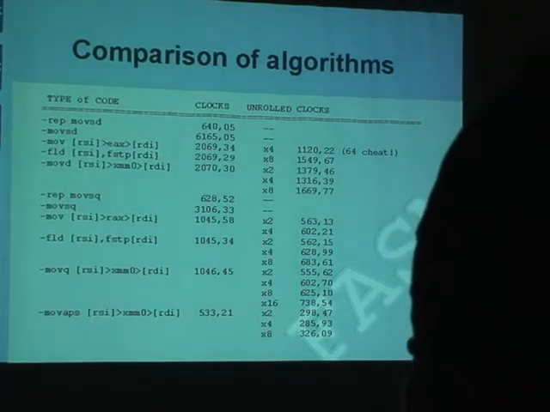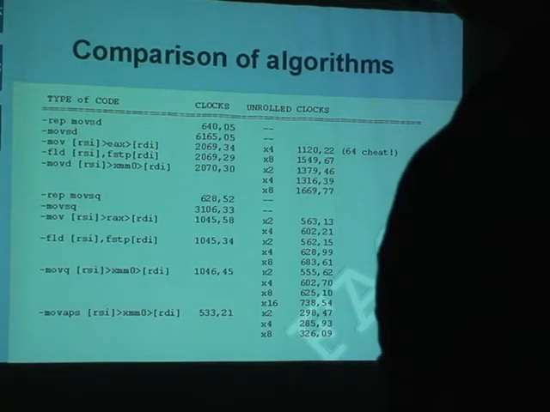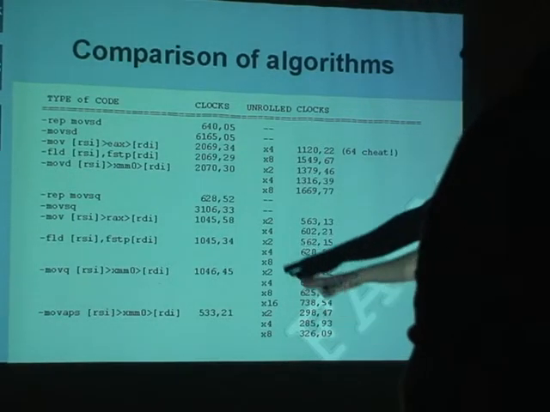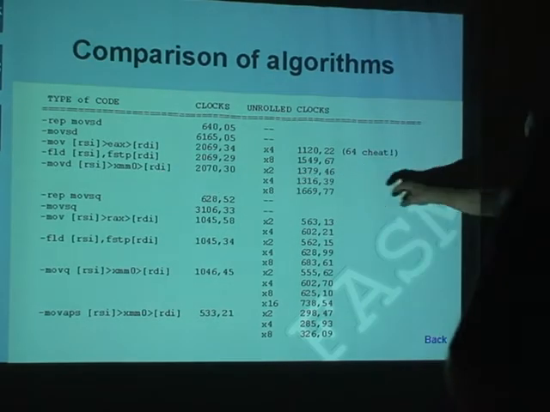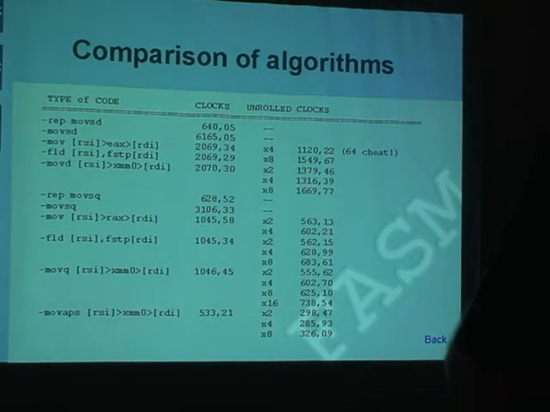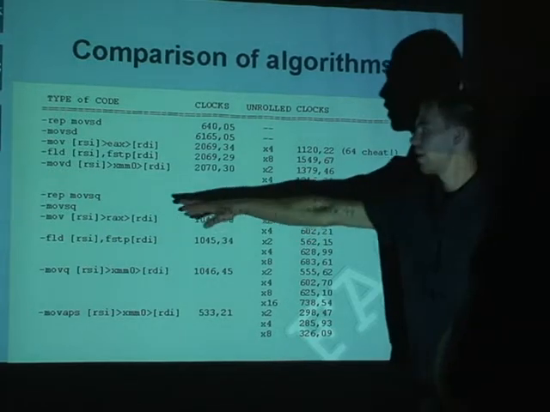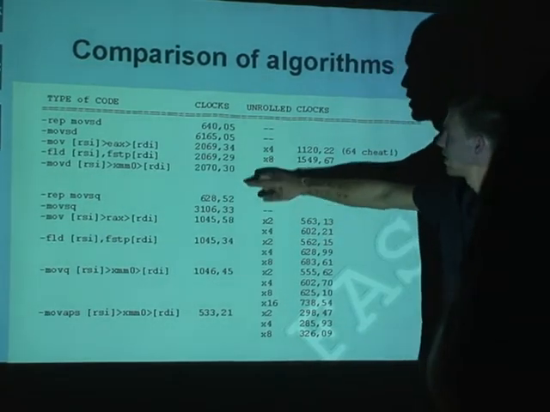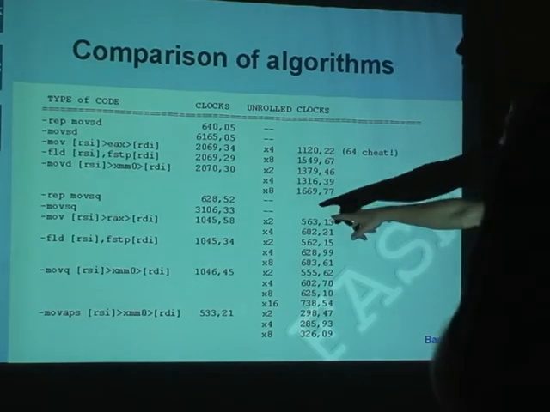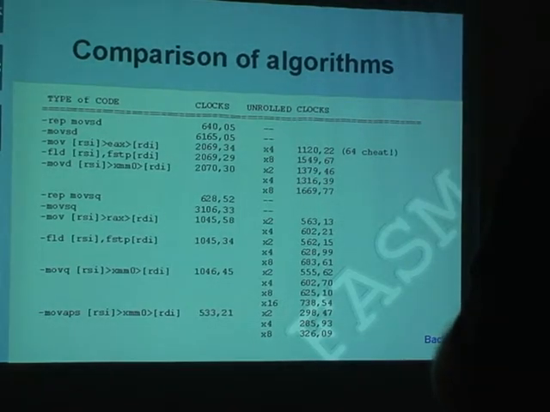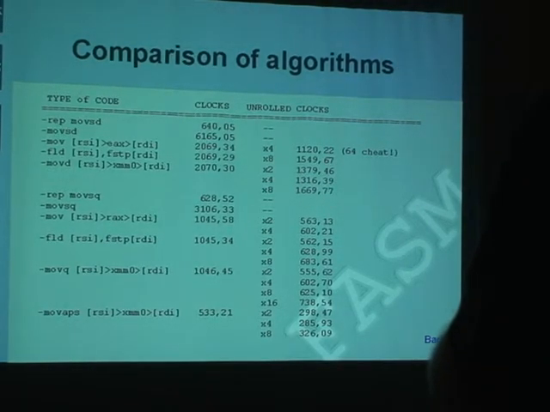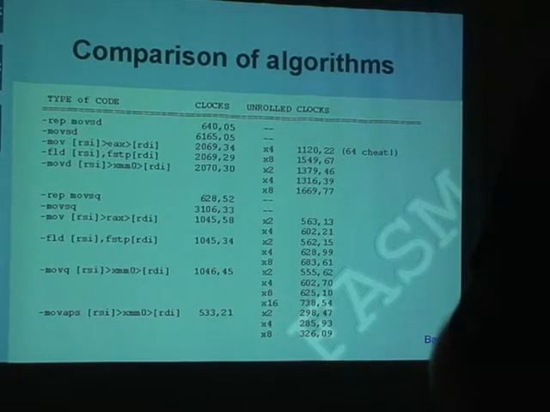Even unrolling the move instructions didn't help. And then I tried movd with XMM, and it was still slow. Now with 64-bit architecture, you have 8 bytes at a time, and it's a bit faster, but the bottleneck is somewhere else, because it should have gone twice the speed.